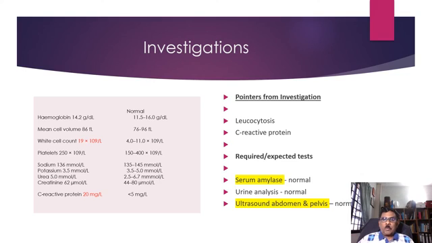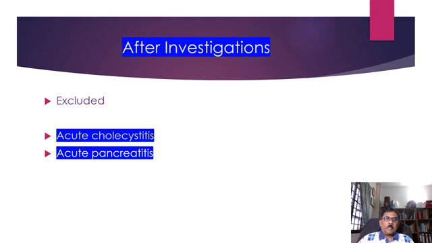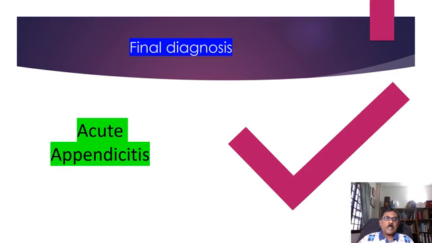We assume these are normal as they were not told to be raised. Based on this, our diagnosis will be acute appendicitis, and acute cholecystitis and acute pancreatitis would have been excluded. So the final diagnosis left is acute appendicitis.